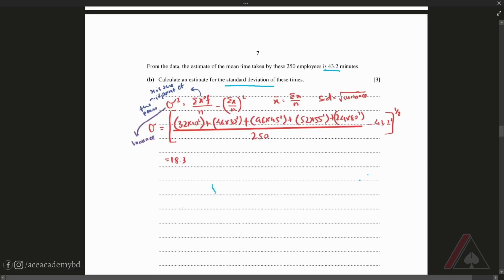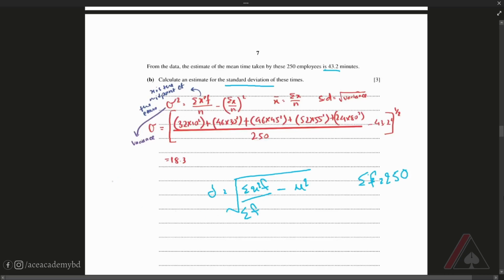So the formula for standard deviation is the square root of the sum of x square f by the sum of f, minus mean square. So we have sum of f, which is 250 because we have 250 employees.